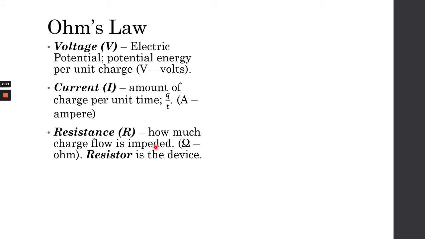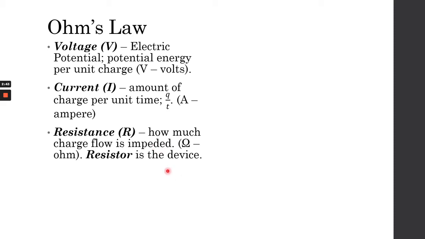Kumbaga, there's a friction that prevents it from traveling very, very fast or traveling smoothly. So yung resistance is basically comes from the makeup material of the wire or the capacitor or a conductor that prevents the travel of the electron smoothly.